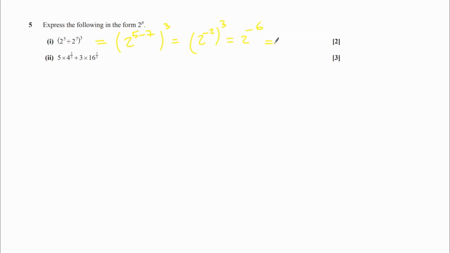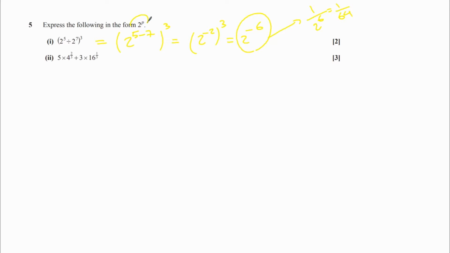I think that is the end of this question, so you can keep it as 2 to the power of minus 6. But if you ever wanted to make it into a fraction, you could write 1 over 2 to the power of 6, or 1 over 64. But for this question, we can just keep it in that form because that is what we want to achieve.